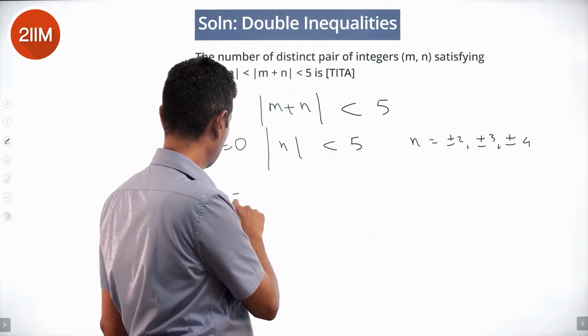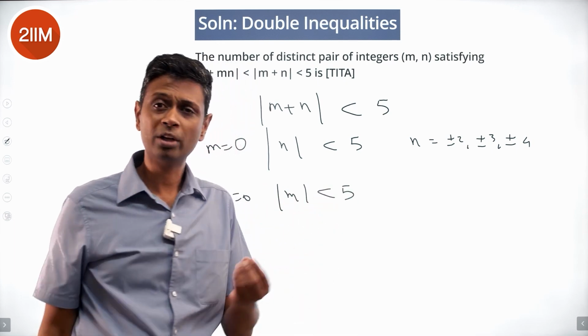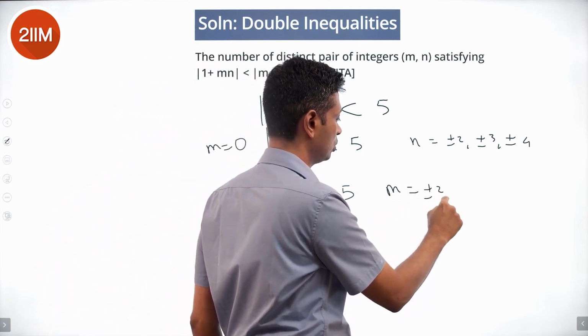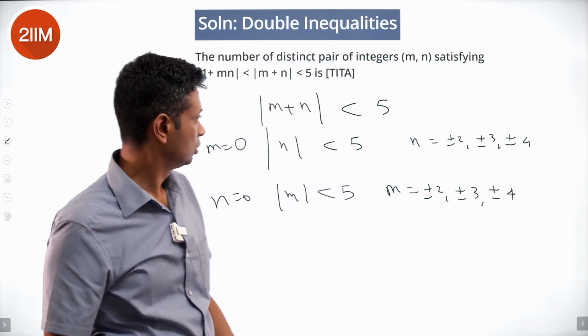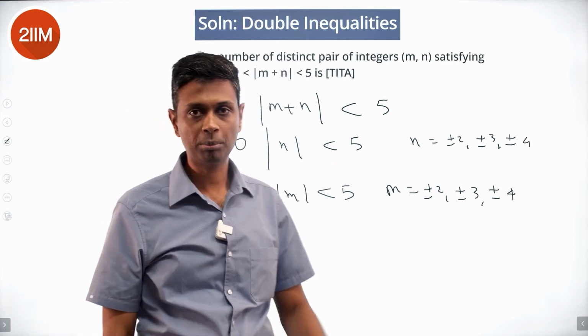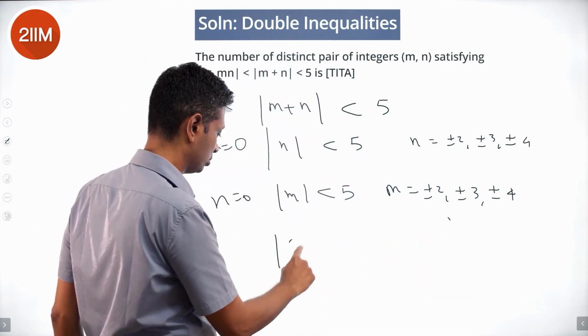If you put n equal to 0, we have mod m less than 5. We know mod m has to be more than 1. M could be plus or minus 2, plus or minus 3, plus or minus 4. So 0, 2, 0, minus 2, 0, 3, 0, minus 3, 0, 4, 0, minus 4. 6 possibilities plus 6, 12 possibilities.